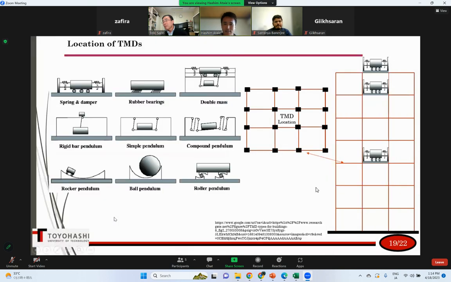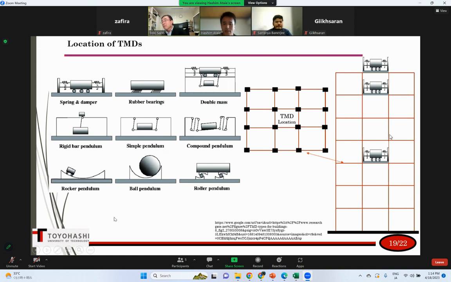And for example, in the model that I worked on, a 7-story, there was one on the top, one on the sixth, and one on the third floor.